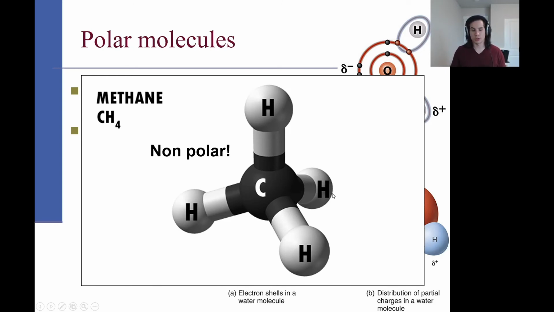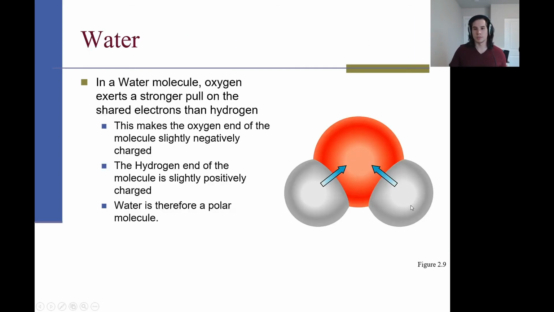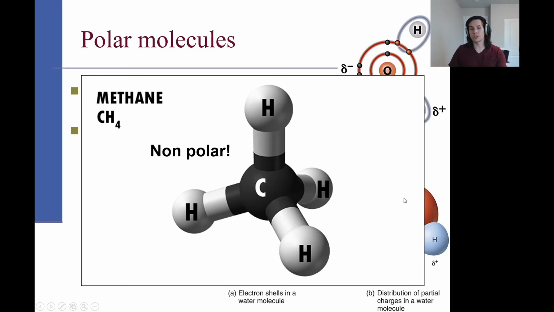And as a general rule of thumb, nonpolar stuff will dissolve nonpolar stuff, and polar stuff will dissolve polar stuff. And so that's what makes water a really good solvent. What makes water a really good solvent for polar stuff is the fact that it is a small molecule that has polarity in general.